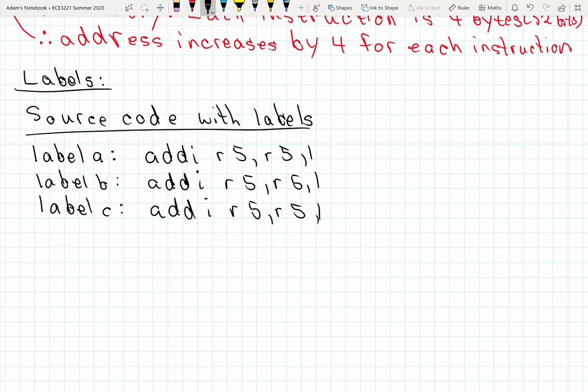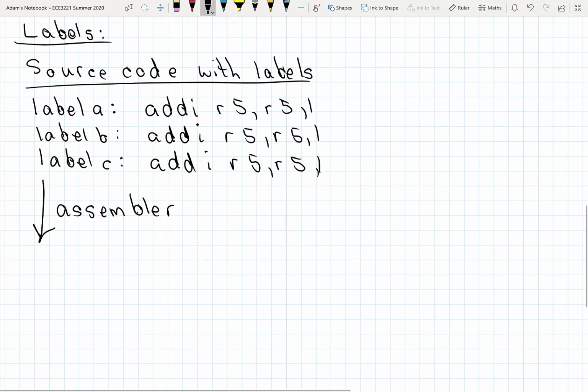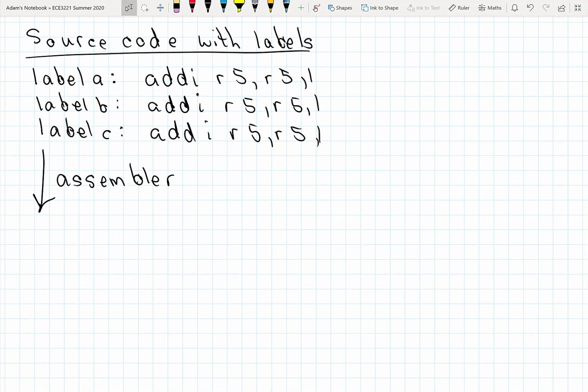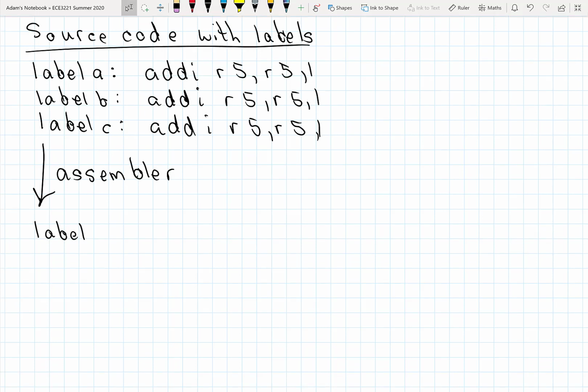Now again, if we take this source code and run it through our assembler, it will generate our binary machine language, and that generated language will have labels associated with each address. So we'll end up with generated code that looks like this.